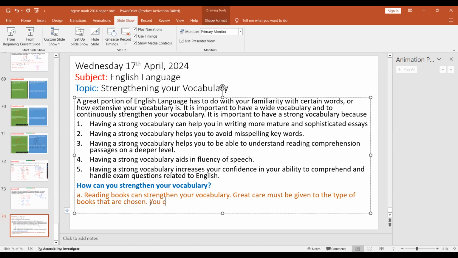You want to choose books that challenge you and that expose you to words that you are not familiar with.